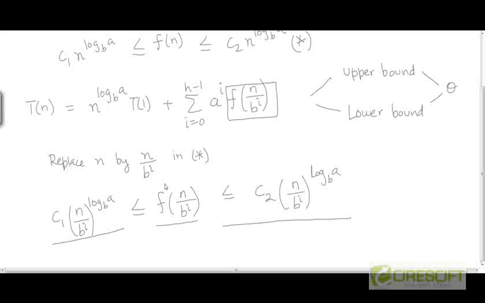So if we replace this term by the left hand side of this inequality, we will be reducing the value of this overall expression. In other words, we'll be reducing the value of this right hand side. So T of n will end up being greater than or equal to that right hand side.